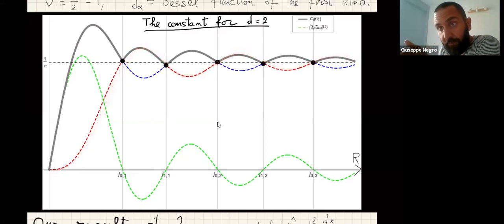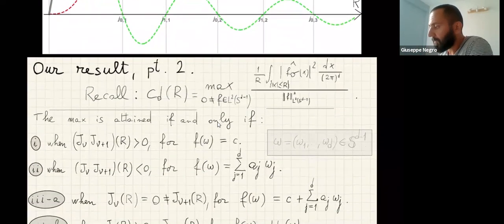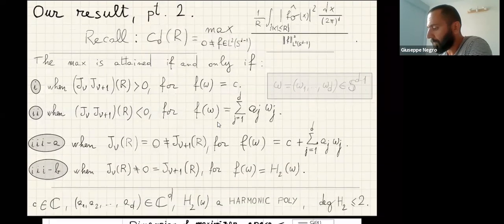And so effectively, after sign changes of that product of two Bessels, you have here a point of non-smoothness of the constant. I think it's nice because it's not immediately clear why this function should be piecewise smooth. However, what is really interesting, in my opinion, about this result is the next part, which is this one.